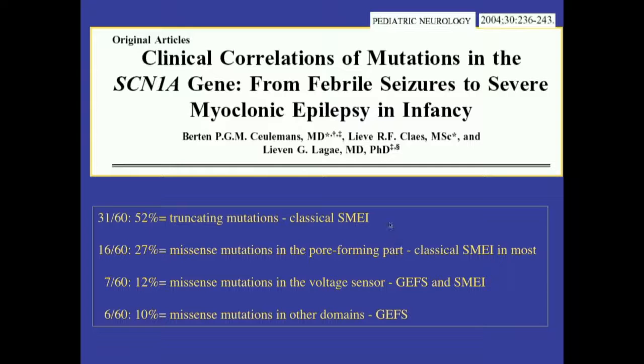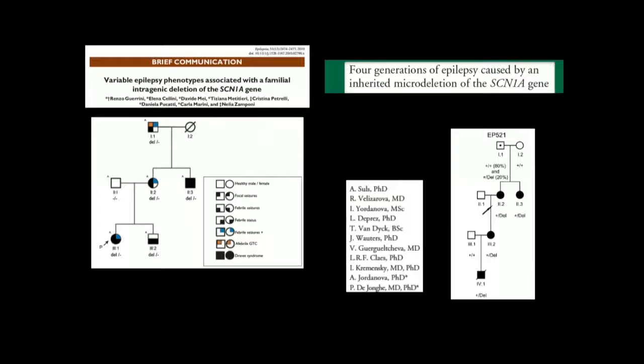For example, truncating mutations always produce the severe form of Dravet syndrome. The same did missense mutations in the pore-forming region, while missense mutations in other domains were associated with milder phenotypes. However, these were rough correlations which did not hold over time.